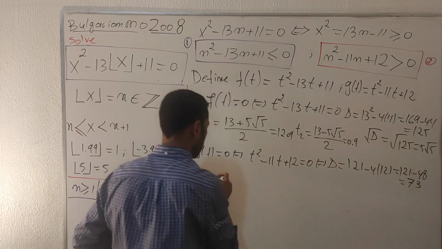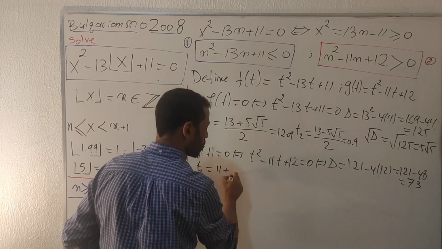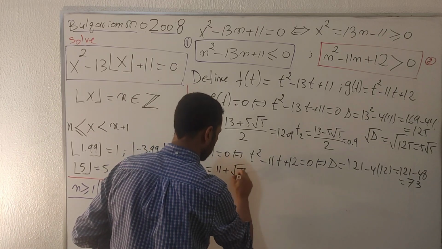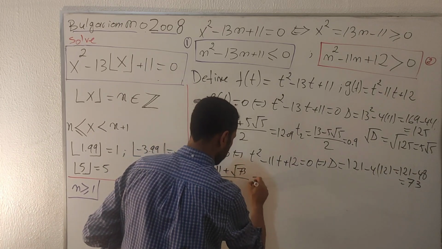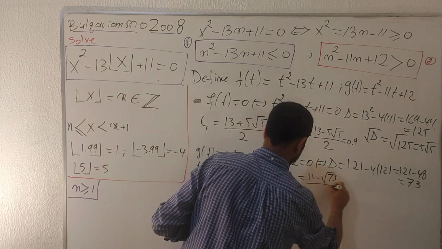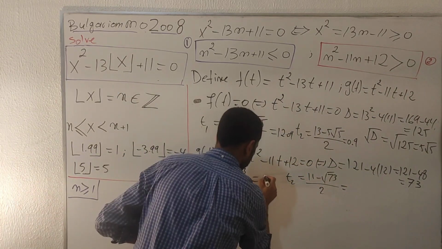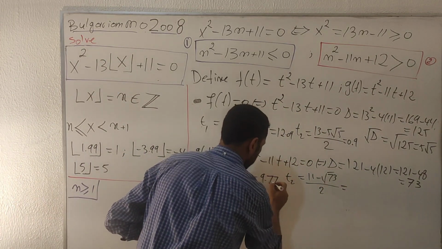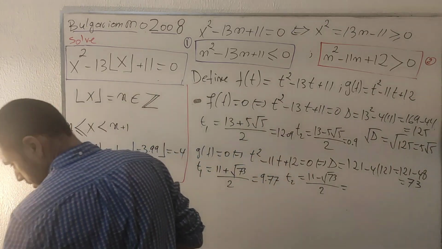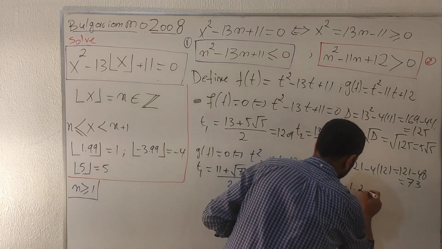Okay, so we also have two solutions here. T1 is 11 plus square root of 73 divided by 2. The second solution is 11 minus square root of 73 divided by 2. I'm going to check the value approximately. It is giving us 9.77 approximately. The other one is giving us 1.22.